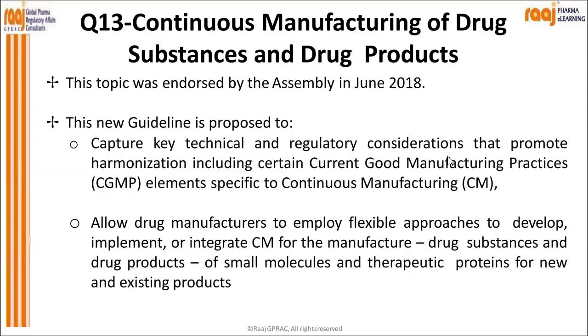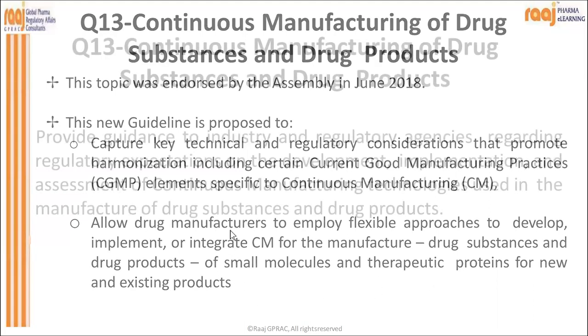Key technical and regulatory considerations that promote harmonization, including certain GMP practices, okay, specific to continuous manufacturing. It also allows drug manufacturers to employ flexible approaches to develop, implement, or integrate continuous manufacturing for drug substance and drug product of small molecules and therapeutic proteins, for new and existing products.